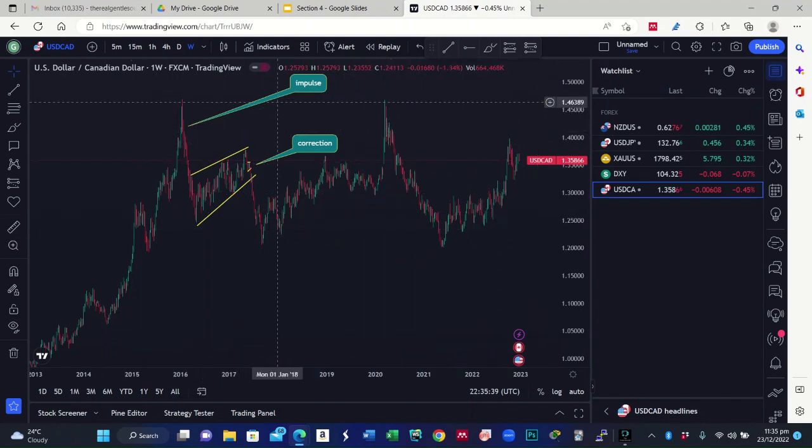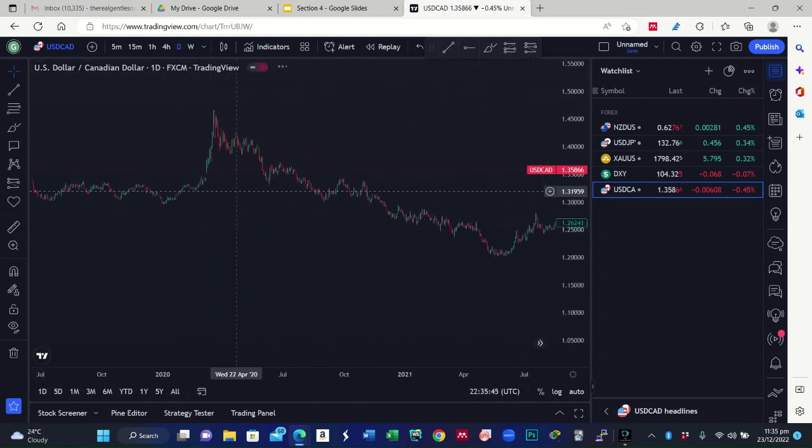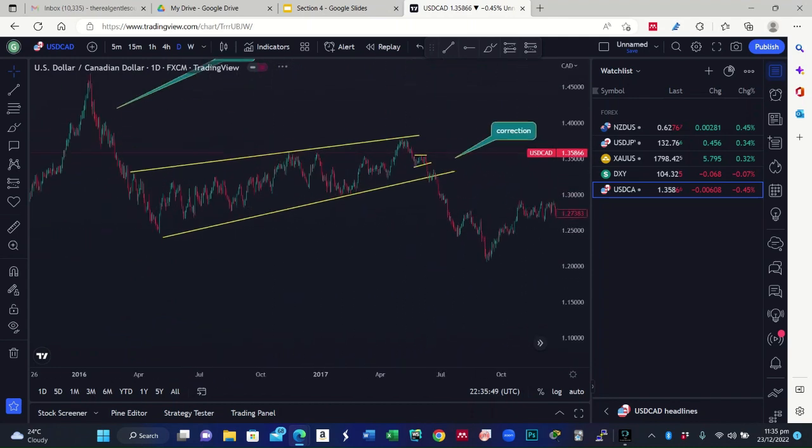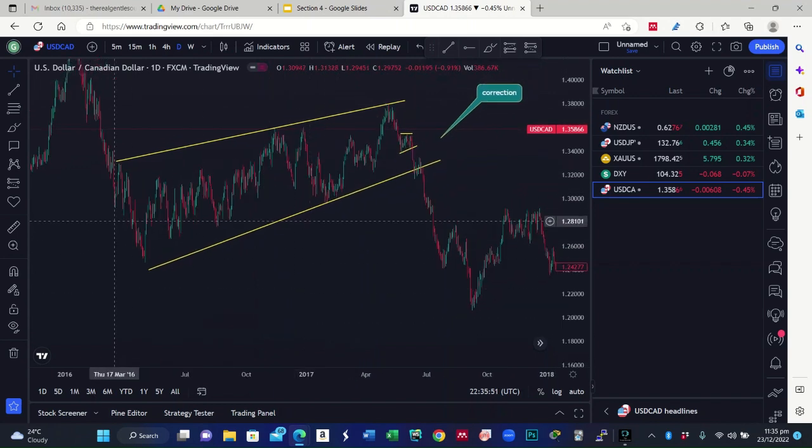Like I've labeled here also, this is a strong impulse and then a strong correction. If we dive deeper, you can see that inside this correction, there is another impulse, correction, then another impulse. Let me label them.